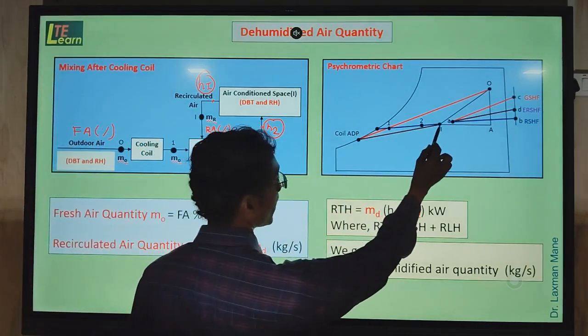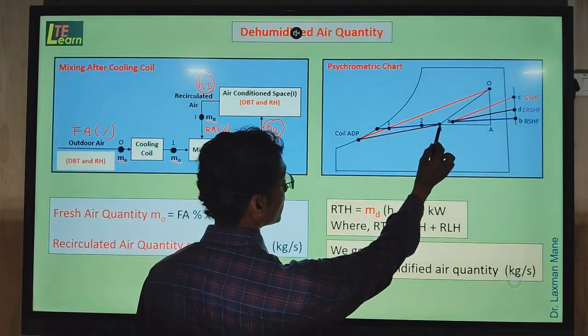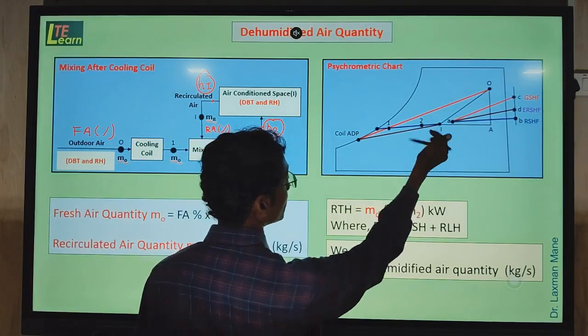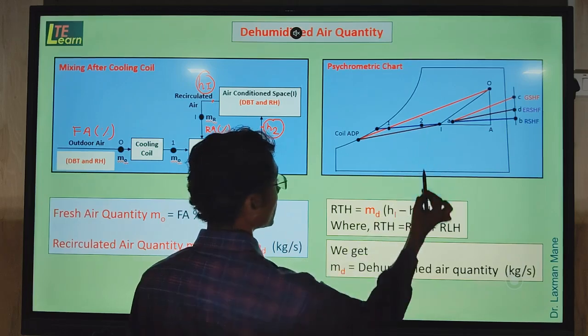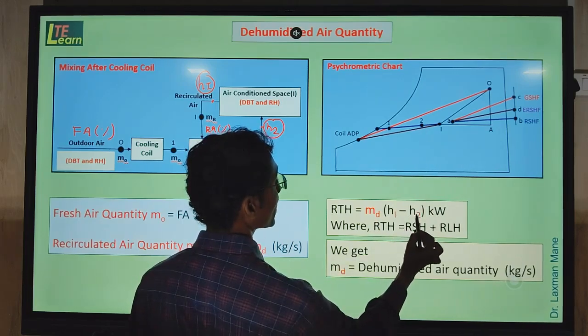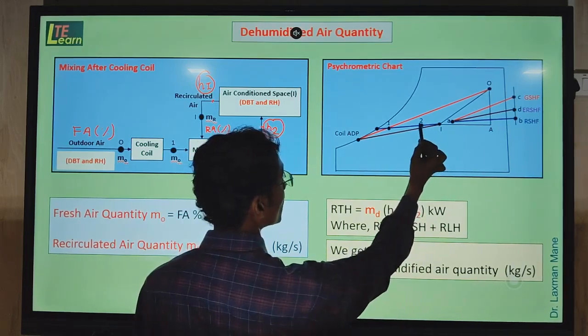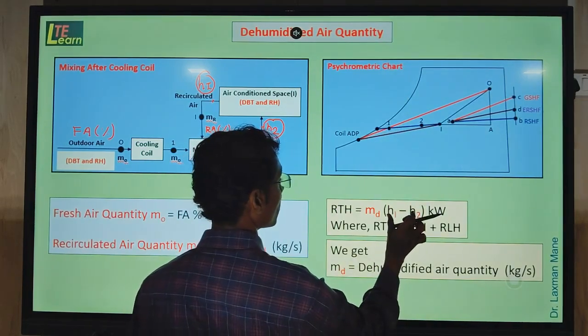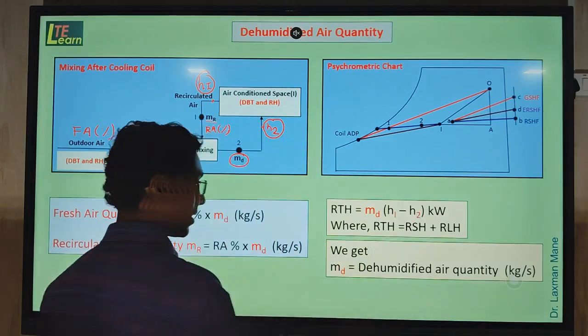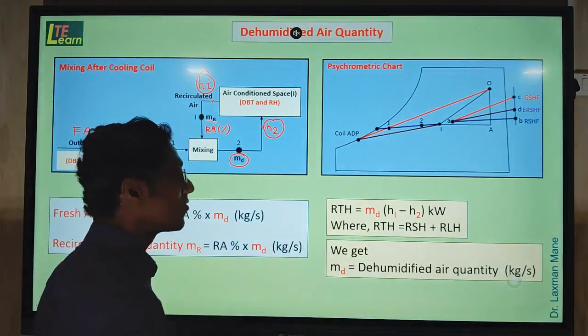So this enthalpy is increasing, which means there is an enthalpy difference between HI and H2. We find this enthalpy difference from the enthalpy scale, and then use it to find the dehumidified air.